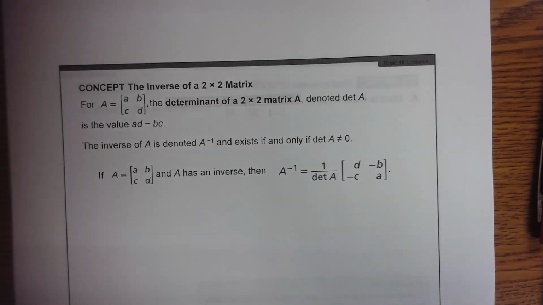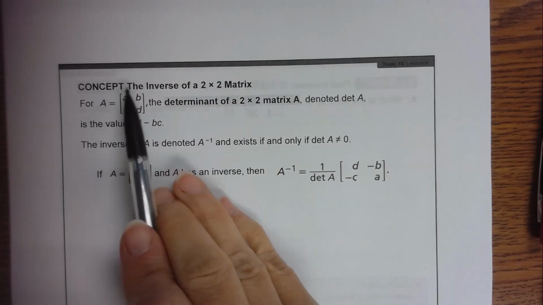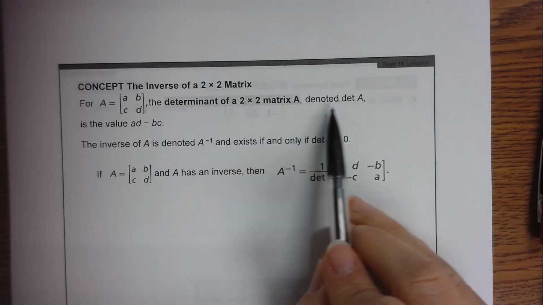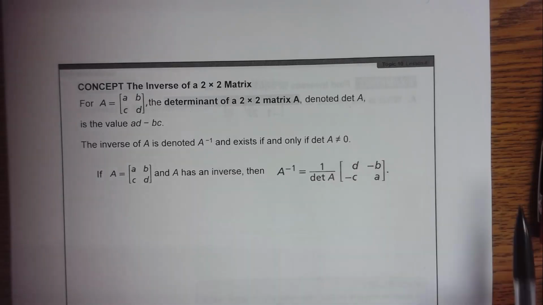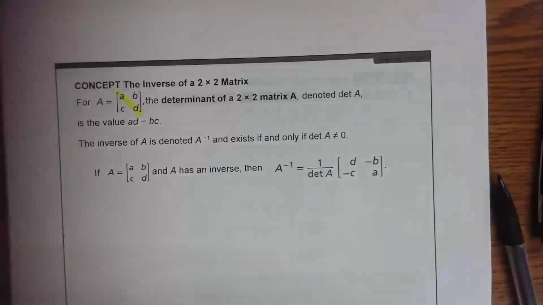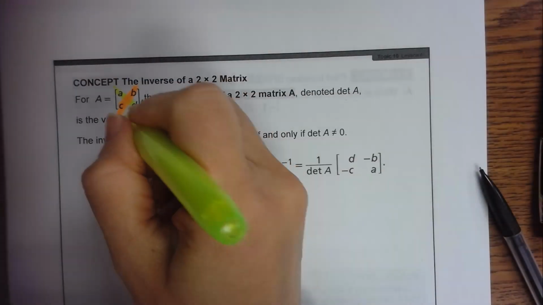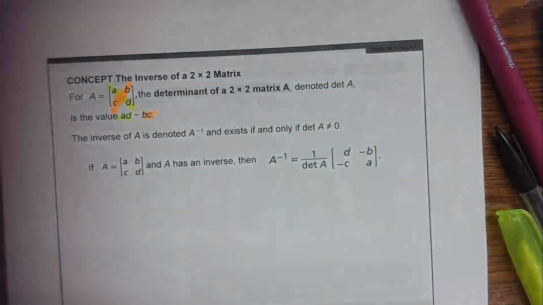Okay, for a matrix A, B, C, D, the determinant of a 2 by 2 matrix A, denoted by det A, is the value of A times D minus B times C. Okay, so AD, the main diagonal, minus BC. That's called the determinant of the matrix.